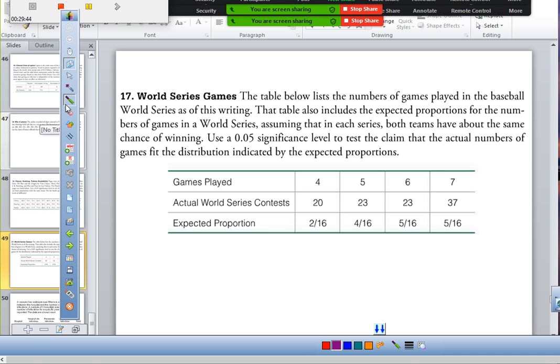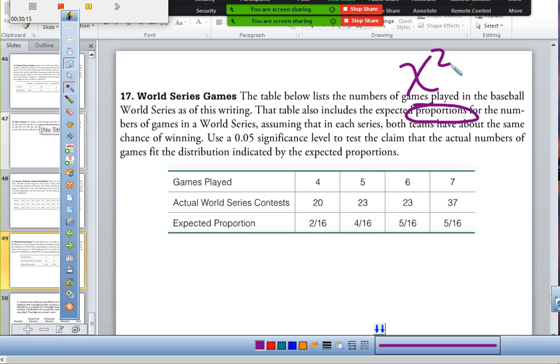All right, so frequencies, proportions. Let me give you guys that hint. You got proportions. So that means that it needs to be a chi-squared because you've got proportions. And then expected, you have expecteds, right?